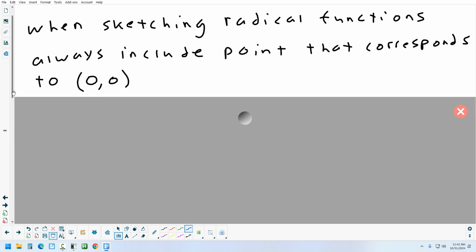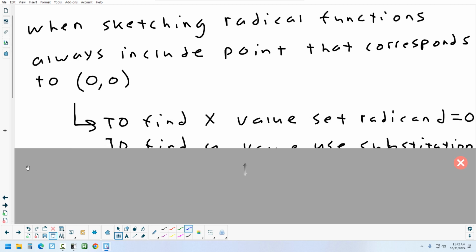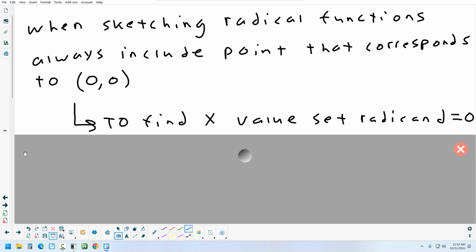So to find the new 0, 0 point, whether it's the start or the center, this is how you do it. It's going to be a coordinate. It's a location. So we have to find the new x and we have to find the new y. To find the new x value, set the radicand equal to 0 and solve it.